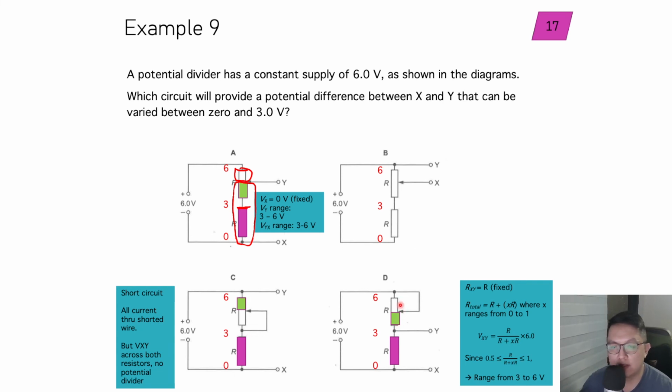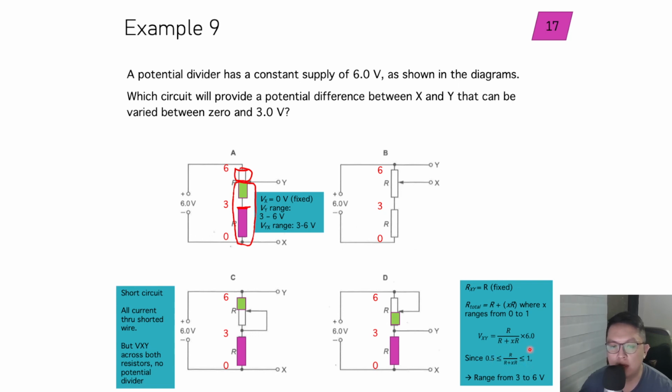Okay, so my total resistance will depend. If my slider is at the bottom here, the total resistance of this whole stretch will just be equal to this R. But if I slide all the way to the top over here, I'm getting the full stretch of R here, and this will be XR plus 1 times R. So if that's the case, because my X ranges from 0 to 1, this value R over R plus XR will range between 0.5 to 1.